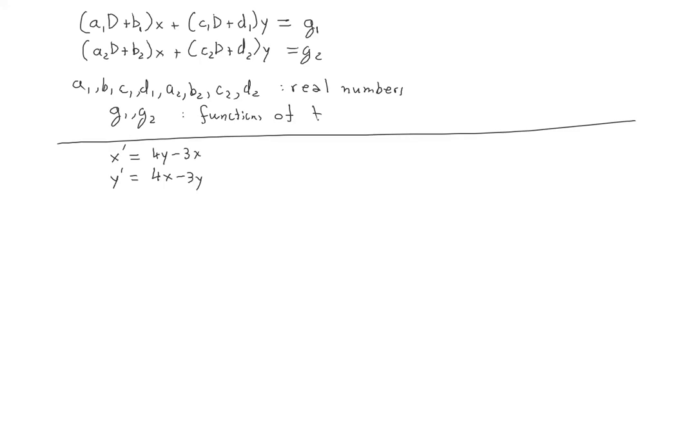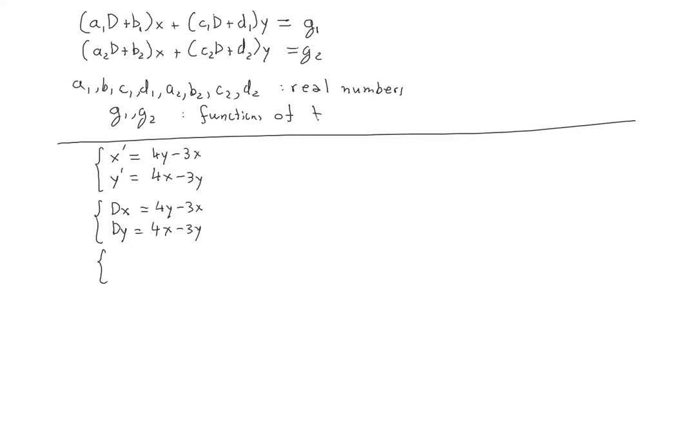So in other words, I would like to rewrite this as Dx is equal to 4y minus 3x, and Dy is equal to 4x minus 3y.